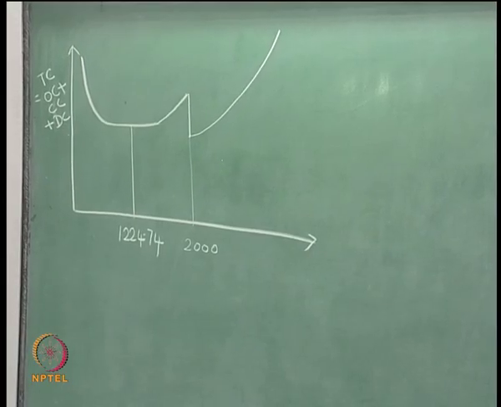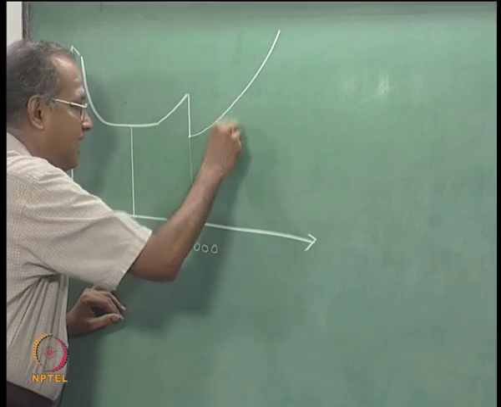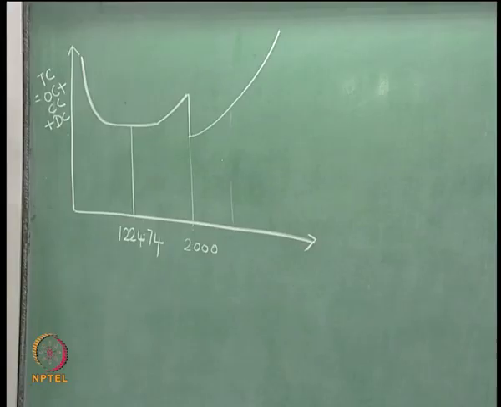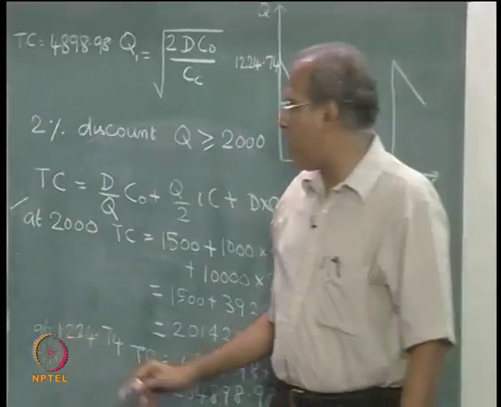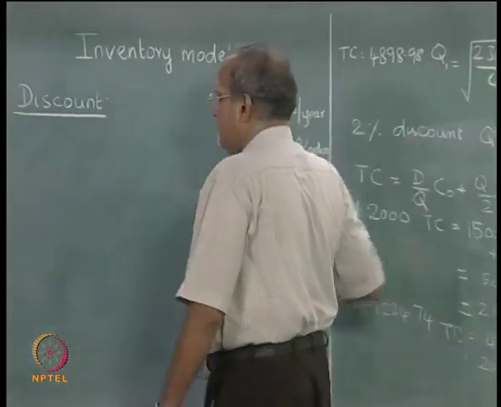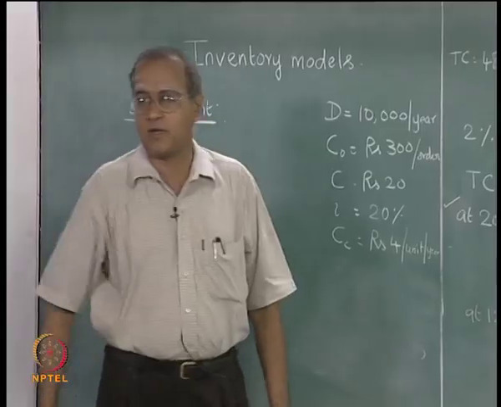Therefore, from the very nature of this graph, we will understand that it is not necessary for us to see whether we are going to avail it at 3000 or any value higher than the point at which there is a discount. So, the point at which there is a discount is called the price break point.